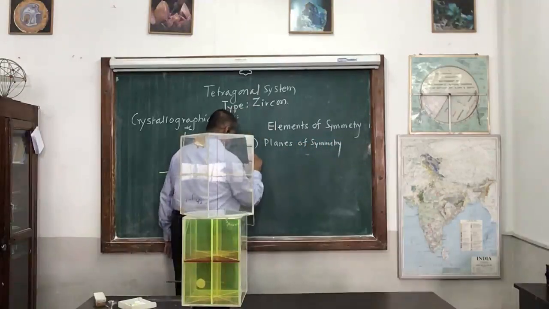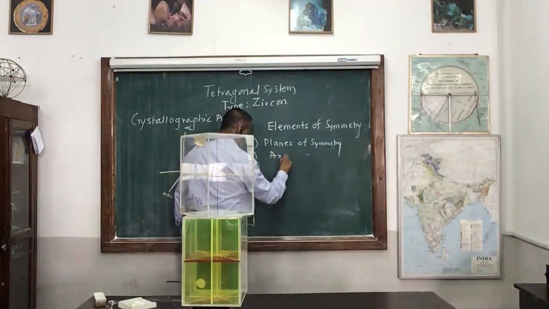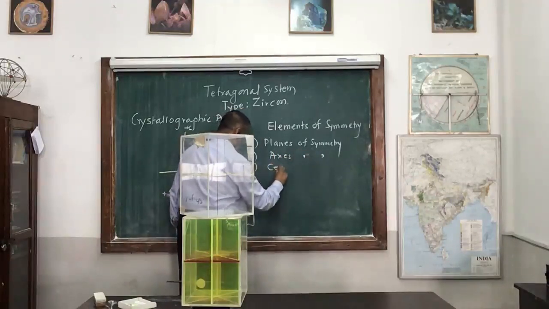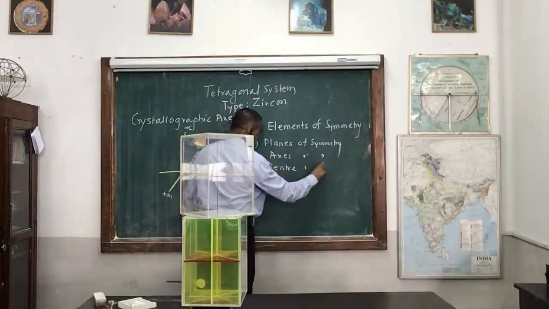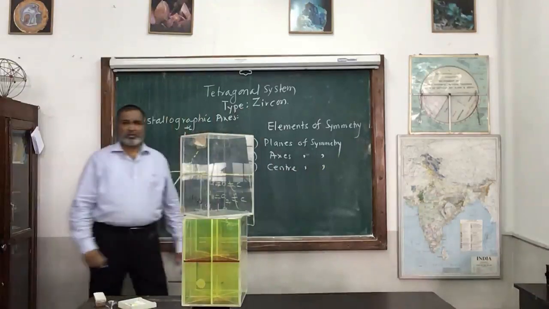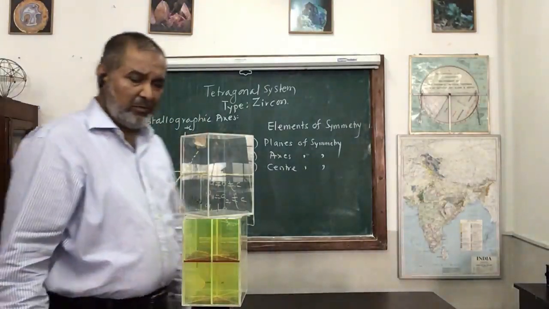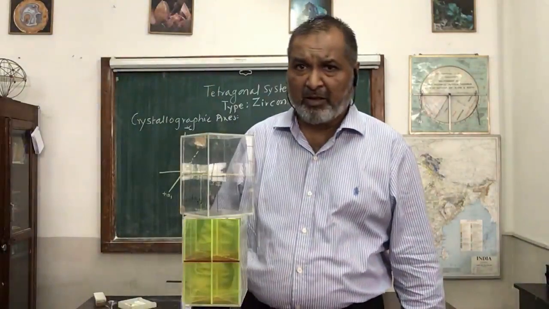Second, the axes of symmetry: how many axes are there? And third, the center of symmetry. This is the tetragonal system, zircon type, belonging to the normal class. Zircon is the mineral representing this system.